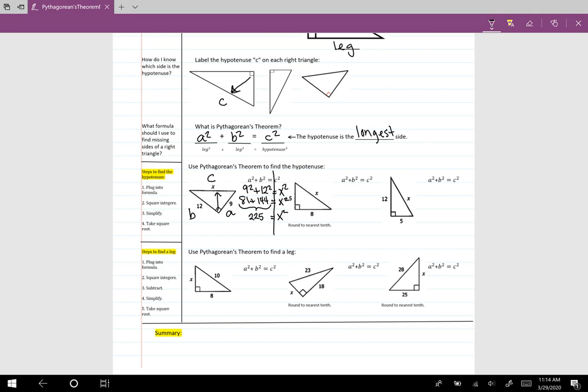Well, we learned previously that to undo square, we have to take the square root. So let's take the square root of both sides. The square root cancels the squared. And we get x equals the square root of 225, which is 15. So x is equal to 15.